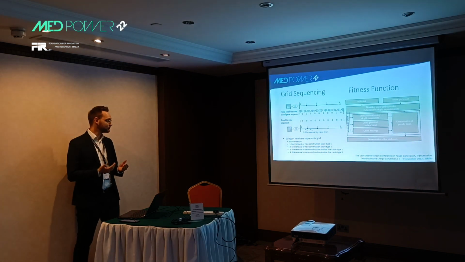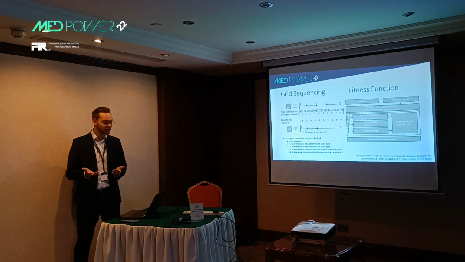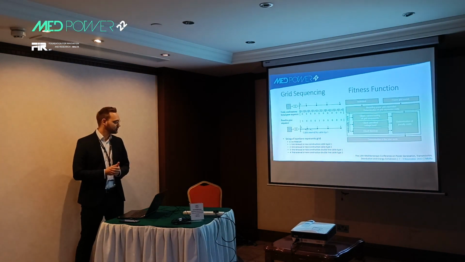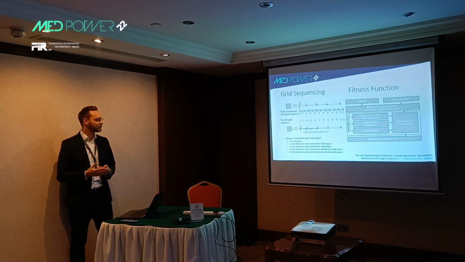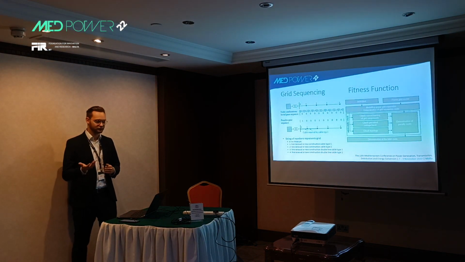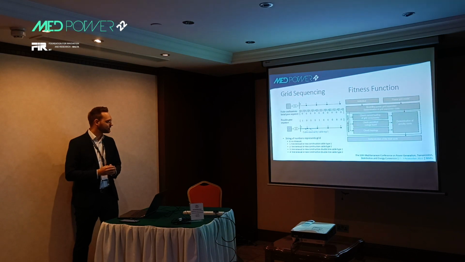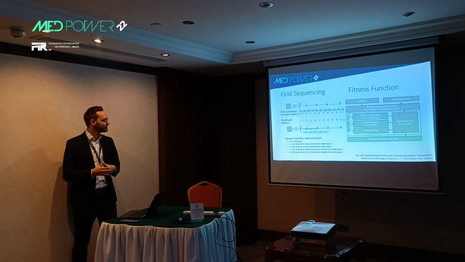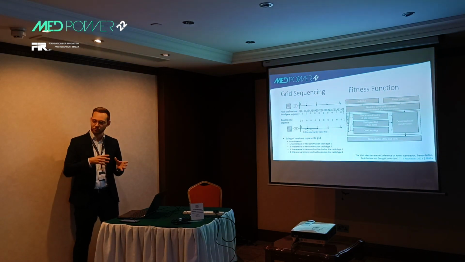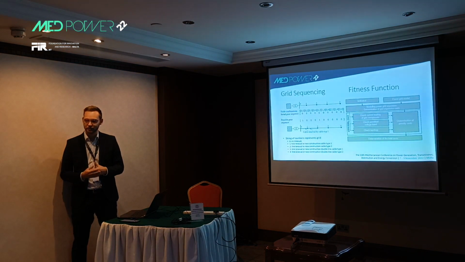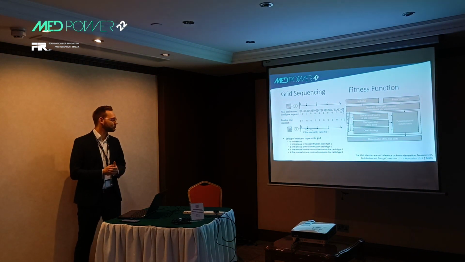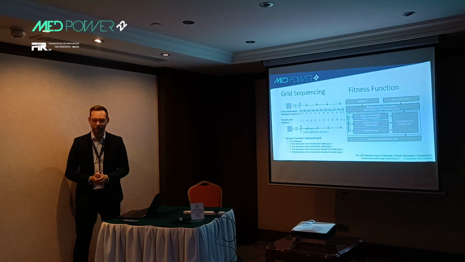So we have the number 0, which means we have no measure, and the numbers 1 to 4, which means we have a line renewal or a new construction of different cable types. Each number of our string is a node combination in our grid. So each node combination is a possible line in our power grid.